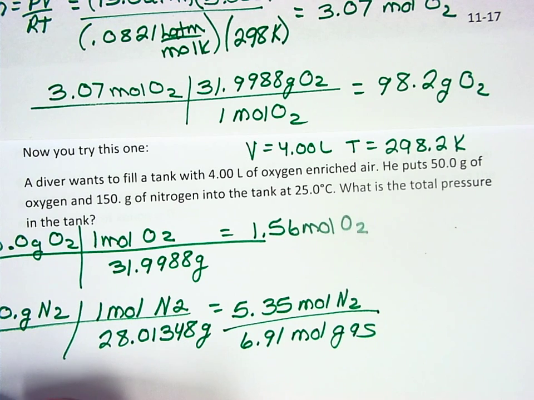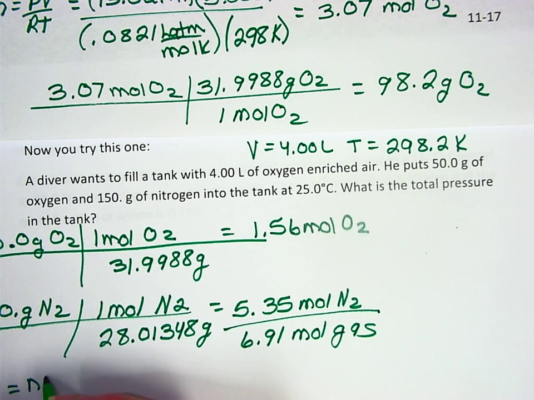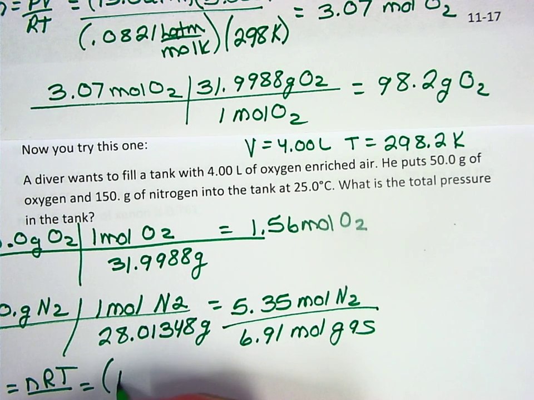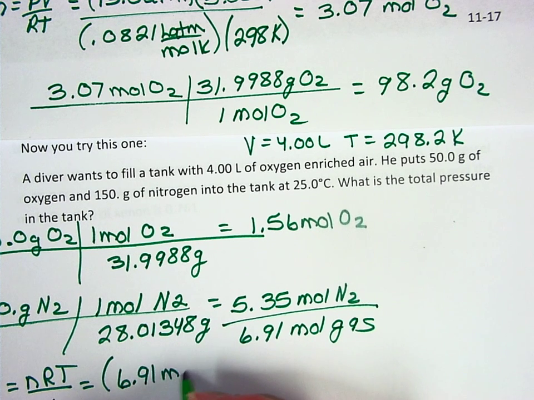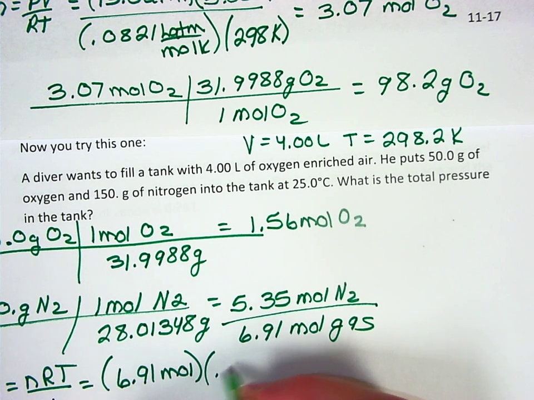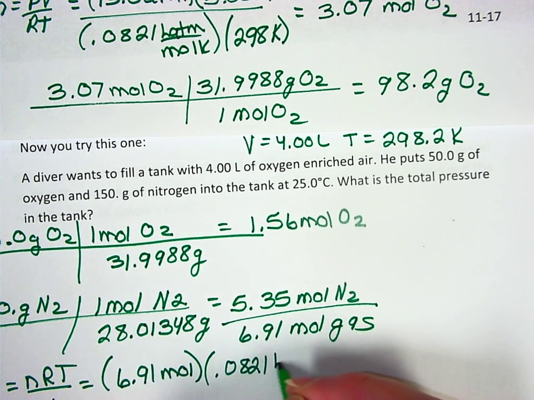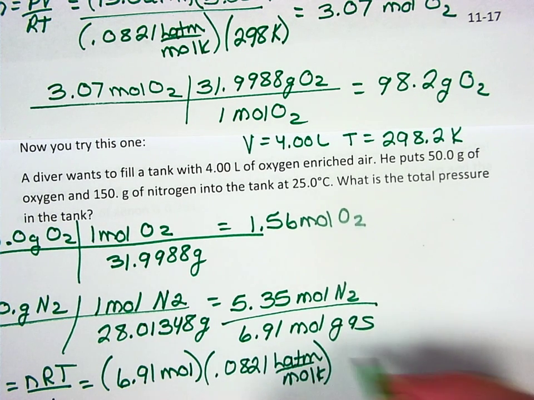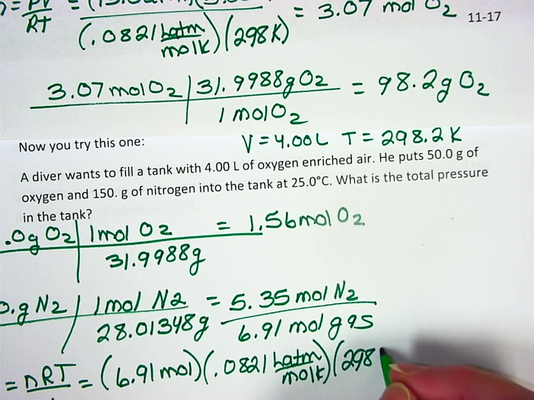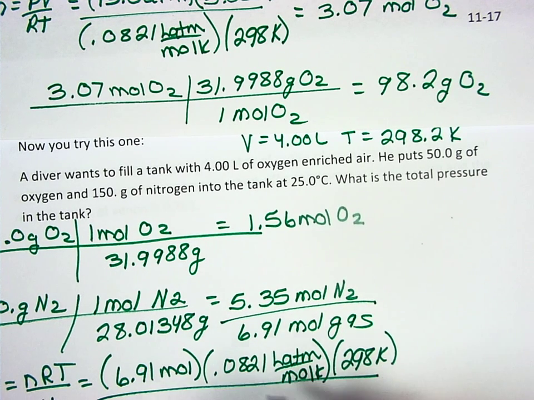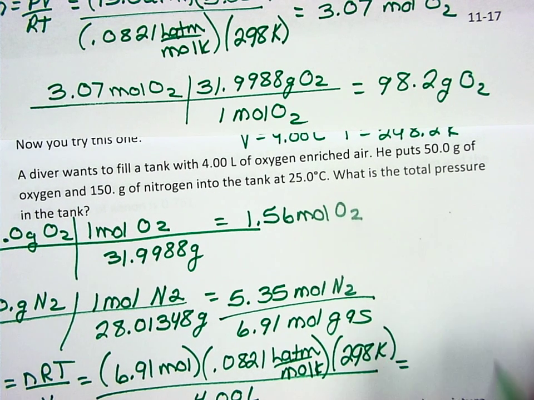And I solved for the pressure using the total moles, so I only had to use the ideal gas law once, nRT over V. You could do it either way, you get the same answer. 6.91 moles times 0.0821 liter atmosphere per mole Kelvin times 298 Kelvin divided by 4.00 liters is equal to 42.3 atmospheres.